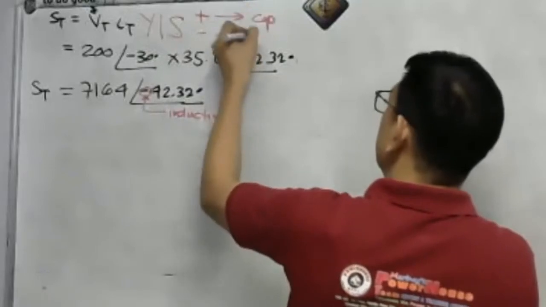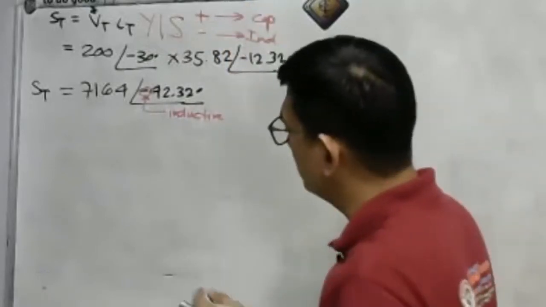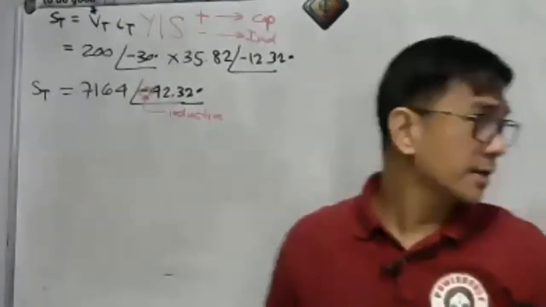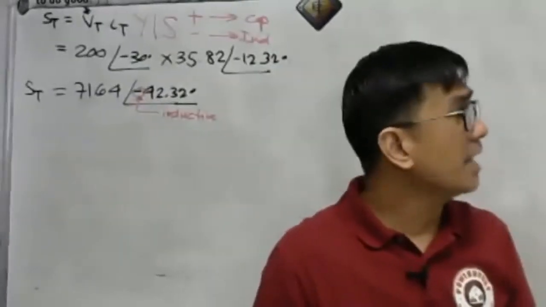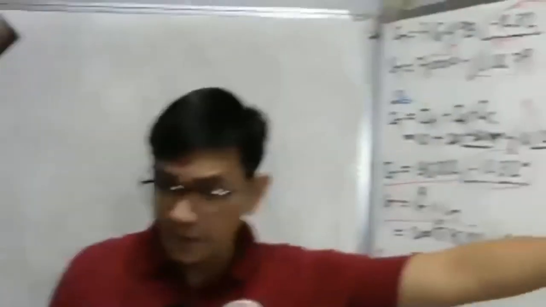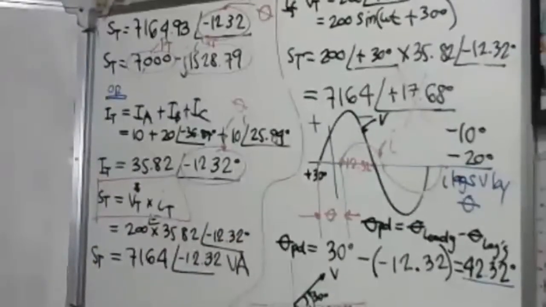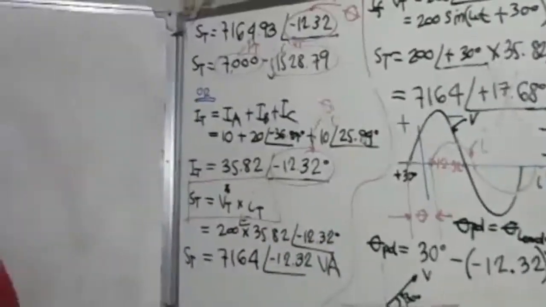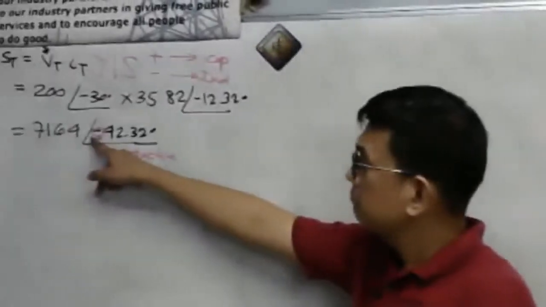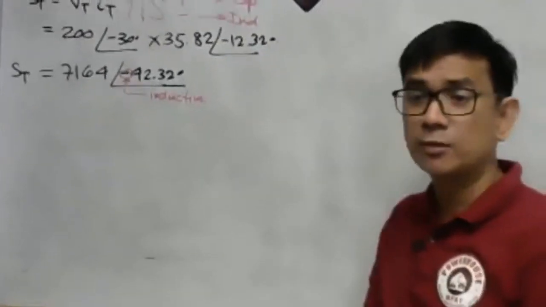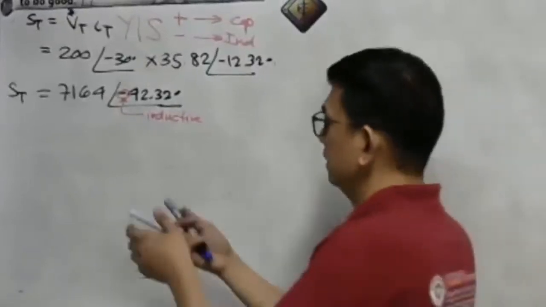Negative for inductive. Always remember that. Since our circuit here is inductive, because this I lags, meaning lagging power factor, automatic, that's negative. That's inductive.